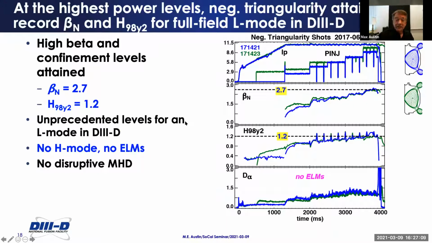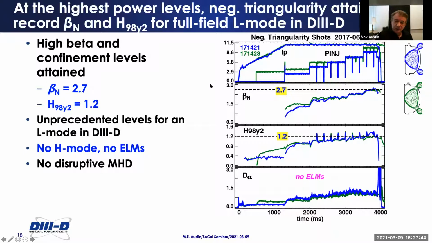And then we continued adding power to these discharges and saw continued improved confinement. Shown here is the time history from two discharges, both of which are negative triangularity. They actually attain a respectable normalized beta of 2.7 and H factors of 1.2, all without forming edge localized modes.